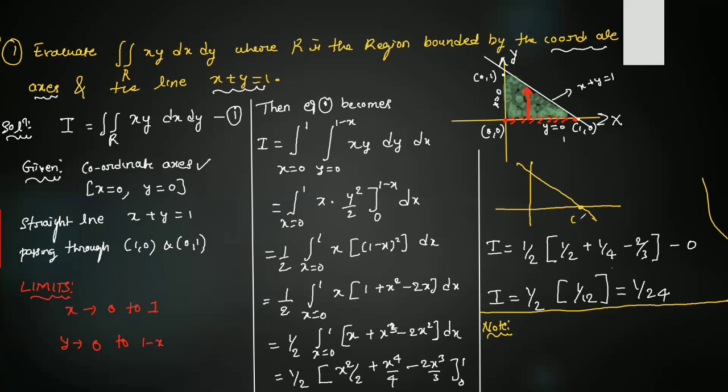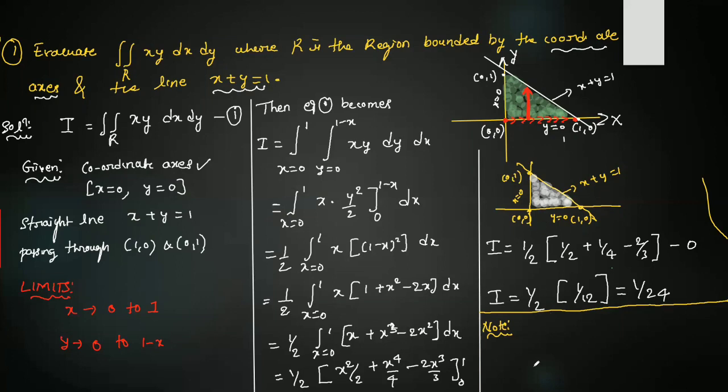This is 1, 0, 0, 1, with y equal to 0, x equal to 0, y equal to 1. This is the bounded region, correct? Okay, now the other way around.